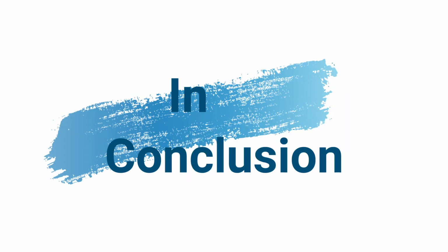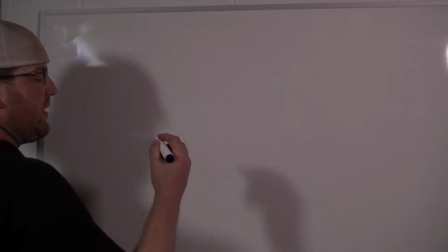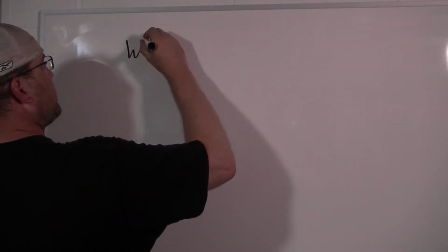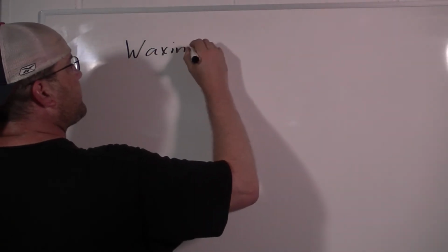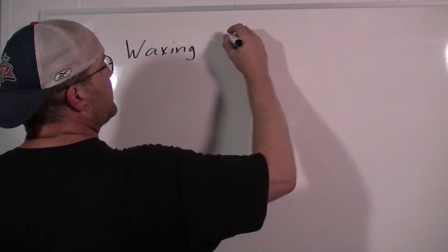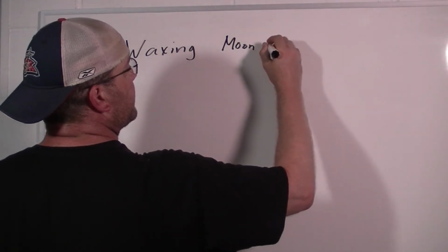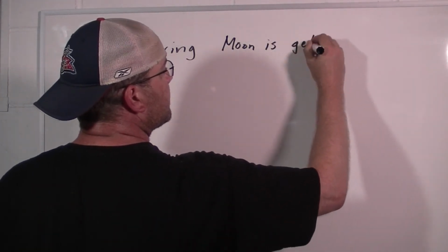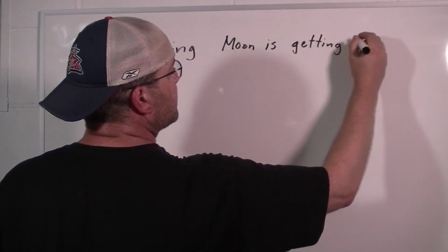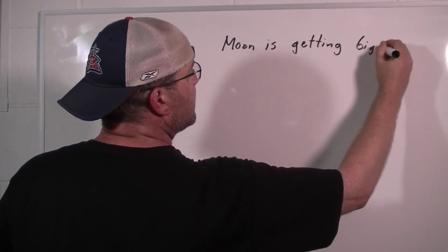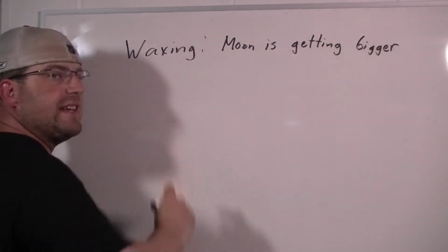To review some key terms, some key patterns. Anytime you see the term waxing, that means the moon is getting bigger. Now, is it physically getting bigger?